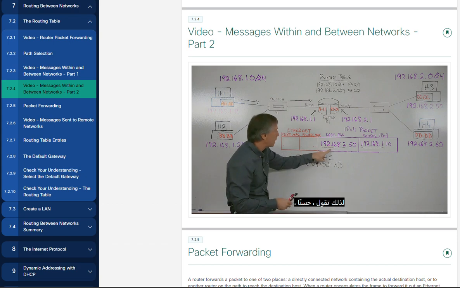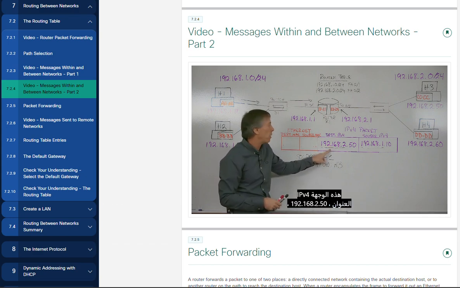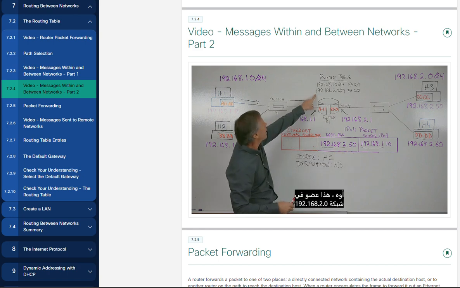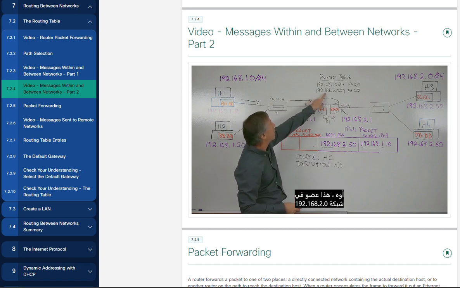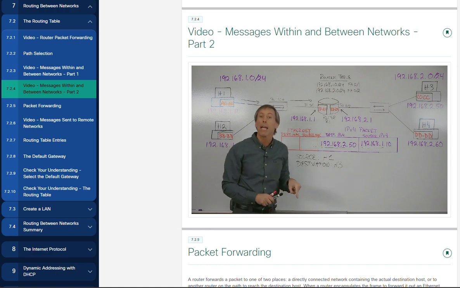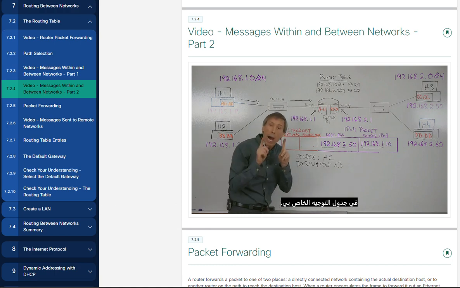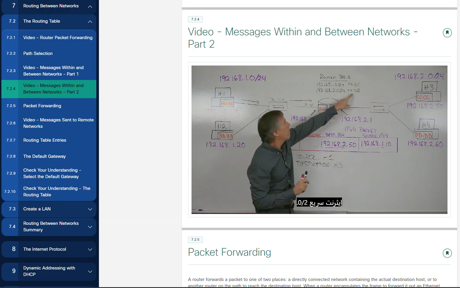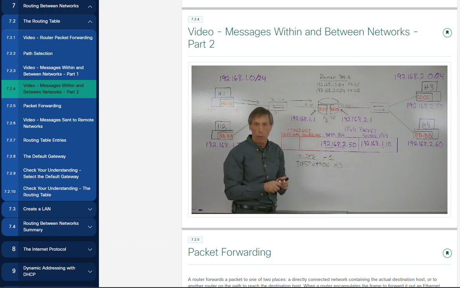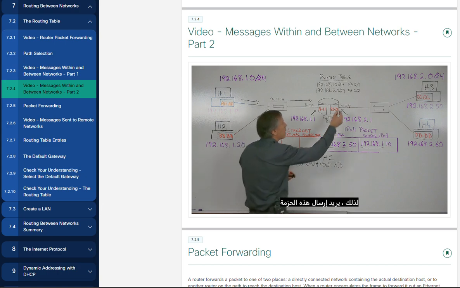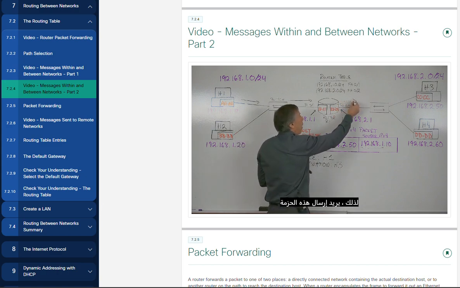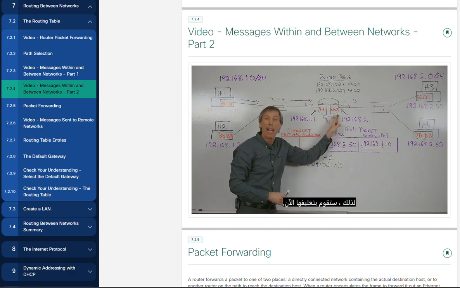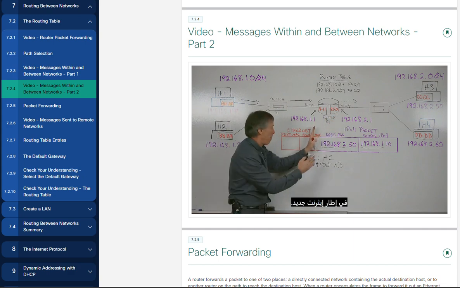It says, okay, this destination IPv4 address, 192.168.2.50, that's a member of the 192.168.2.0 network in my routing table. I can reach that network by sending the packet out Fast Ethernet 02. So it wants to send this packet out this interface, and it's going to encapsulate it now in a new Ethernet frame.